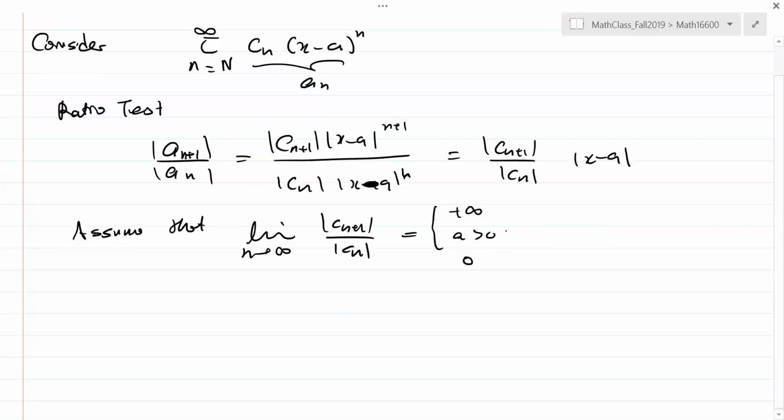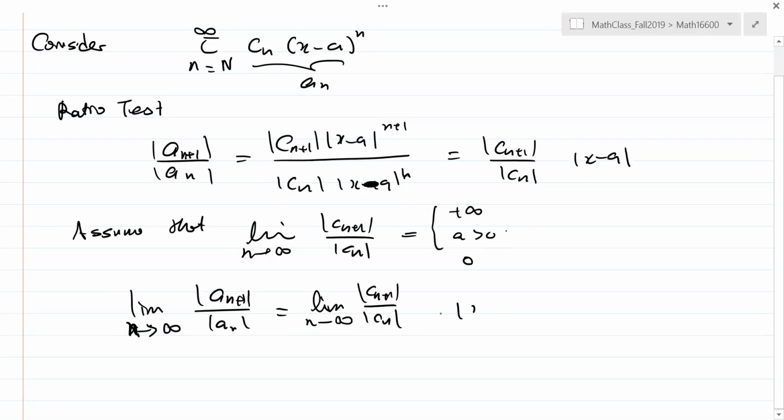Then you end up with this limit, as n approaches infinity, of the limit here times absolute value of x minus a.